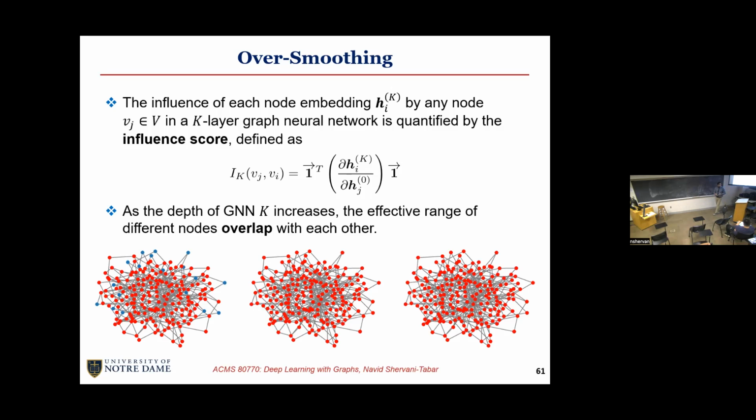As the sets of nodes overlap, the feature representations and embeddings that I learn for each node become increasingly similar to each other. So I won't be able to distinguish them after too many iterations of neural message passing. They're not distinctive anymore. And this is a problem unique to graph neural networks.